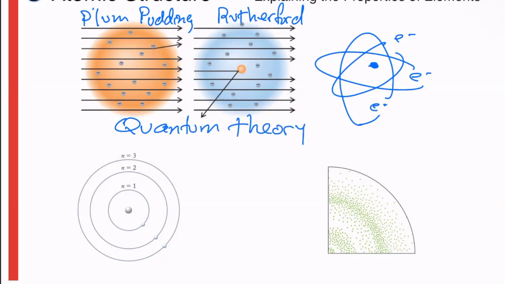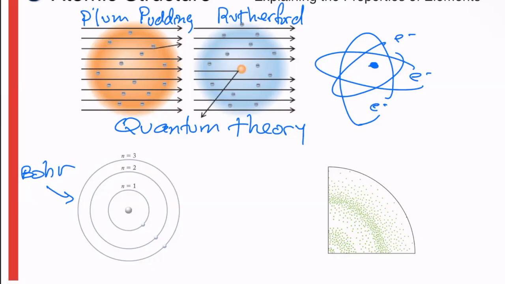I'm going to show you a few more experiments, or at least models from experiments. And for example, we'll be talking today about the Bohr model, which looks like this. And we still have electrons that are in orbit around a central nucleus. They were always building upon the previous models.